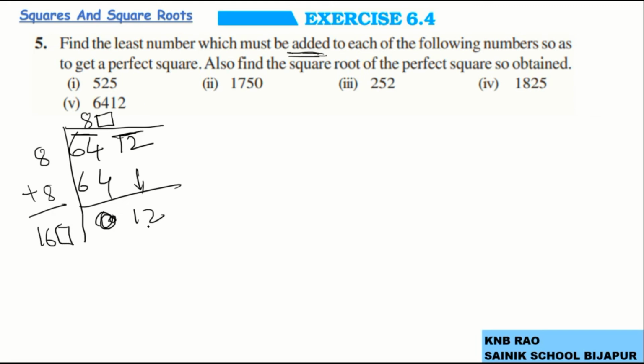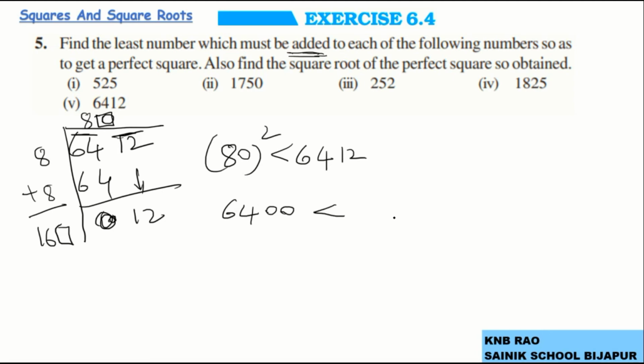Now next, see children, here whatever I take, it is obviously more. Here 6412 is more than 80 square, which is 6400, and next to 80, which is 81 square. What is 81 square is to be found.